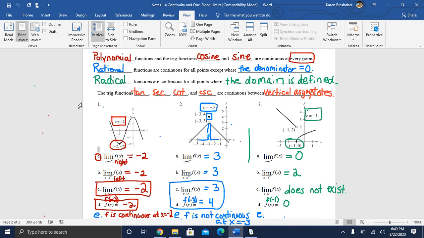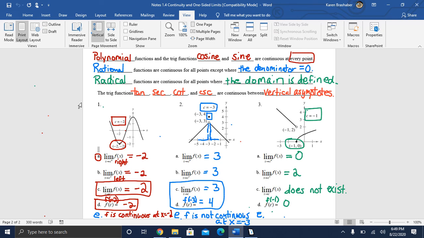And then finally, we want to make our conclusion. Well, our conclusion for this one actually could have been made from the very beginning, because the limit as x approached -1 did not exist.